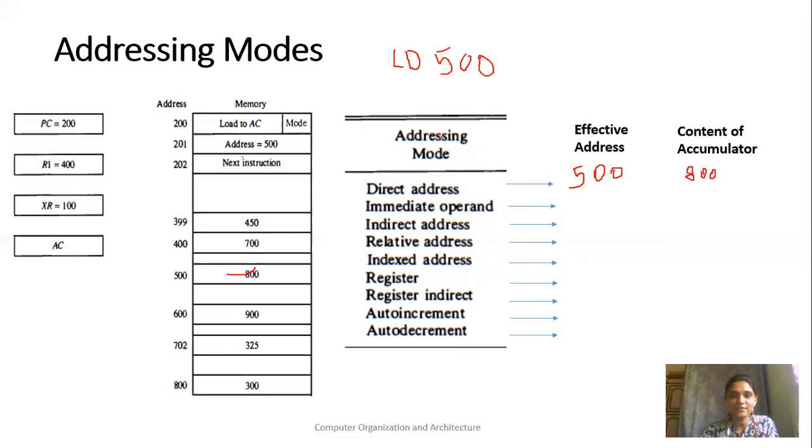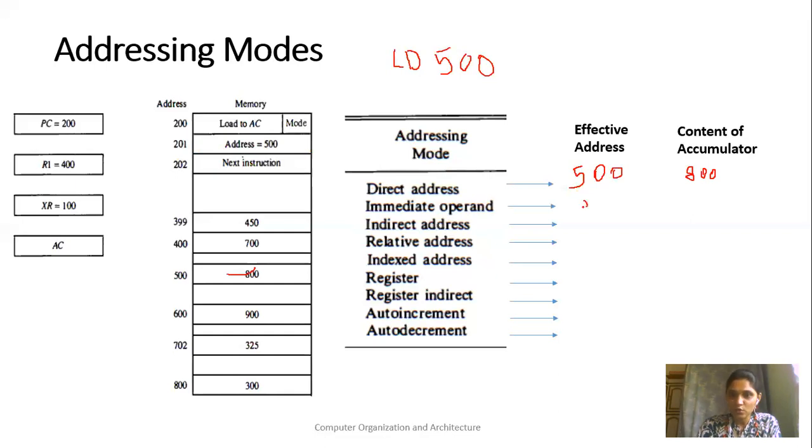After that, consider you have used this instruction with an immediate operand. So it will consider 500 as your content, and your address will be 201, the next address where you have stored your instruction.